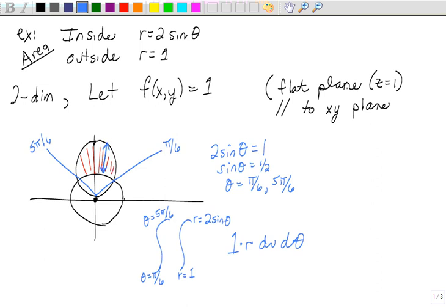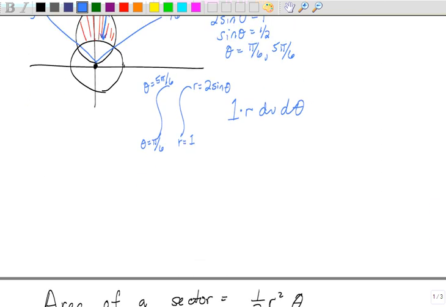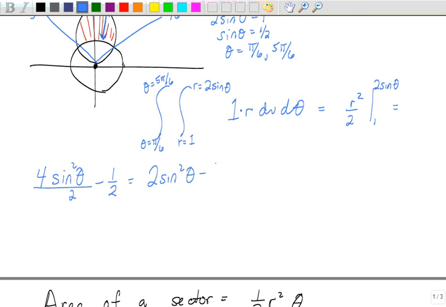Okay, I'll go ahead and integrate this, even though it's not too hard. First, it'll be r squared over 2 from 1 to 2 sine theta. Plugging it in, I'm going to get 4 sine squared theta over 2 minus a half. So that's 2 sine squared theta minus a half.